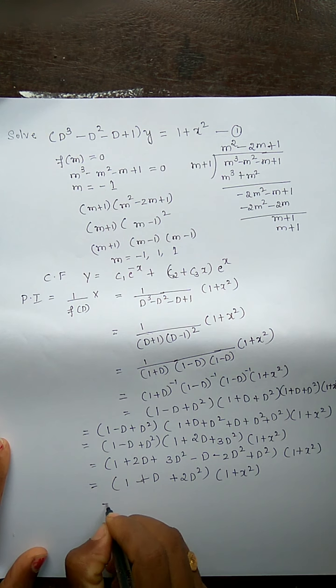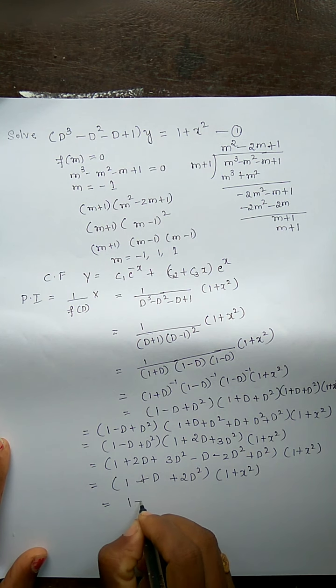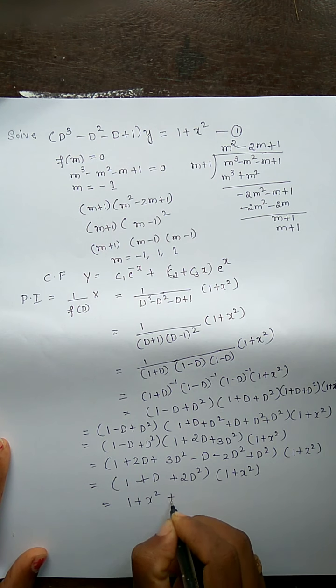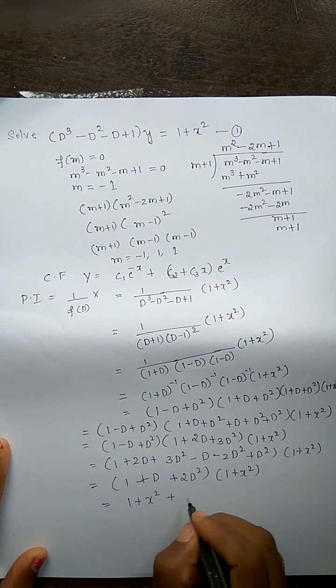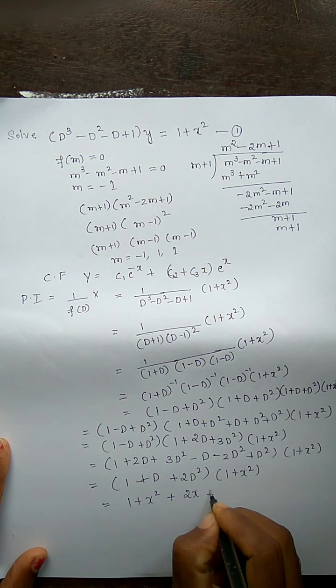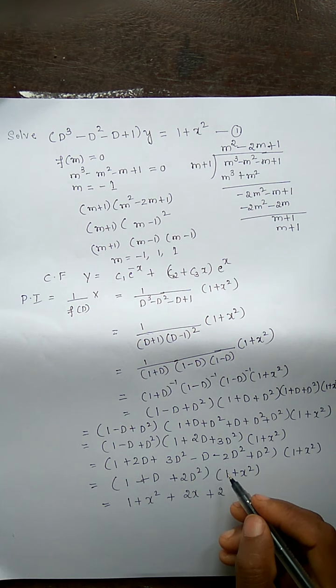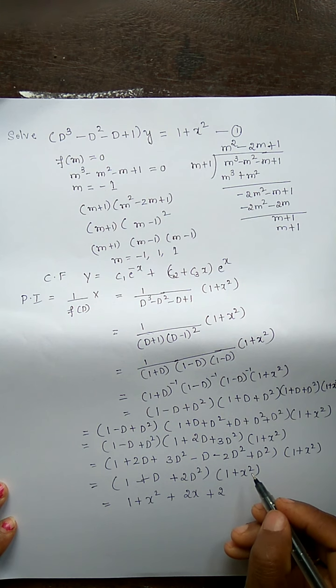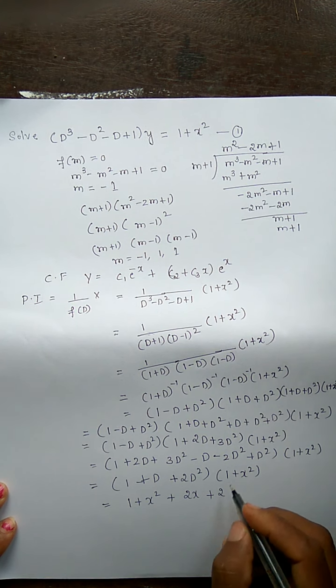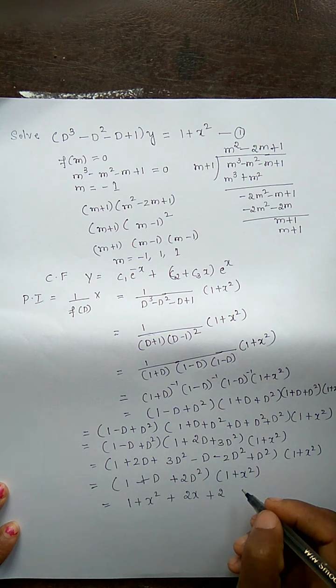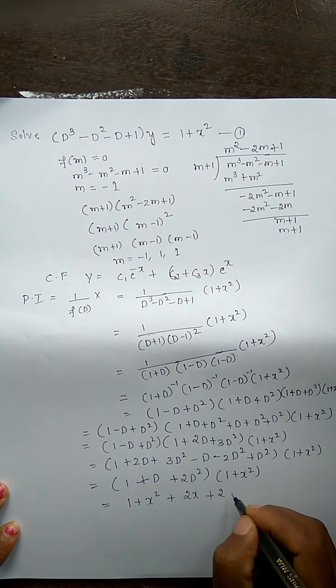That is equal to 1 into 1 plus x square, plus derivative of 1 is 0, plus derivative of x square is 2x, plus 2 times the second derivative: the second derivative of 1 is 0, and the second derivative of x square is 2, so 2 into 2 is 4.